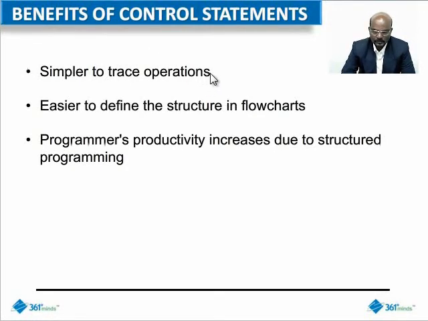It's very easy, and you can also create easy flowcharts when it comes to these control statements. And of course the programmer's productivity increases because he doesn't have to write lots of code. He just has to bring it into a small loop, and then his code gets executed easily. So the number of lines that he needs to type becomes less, and therefore his productivity increases.